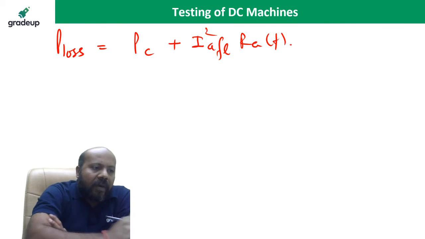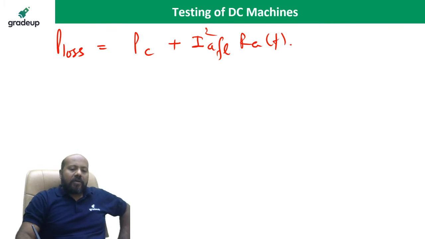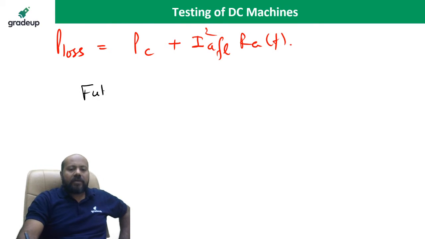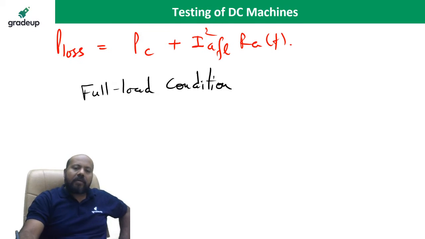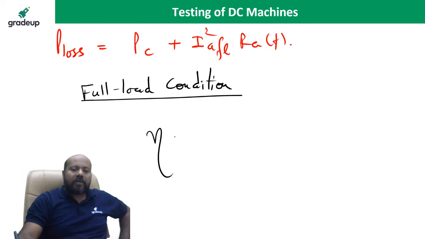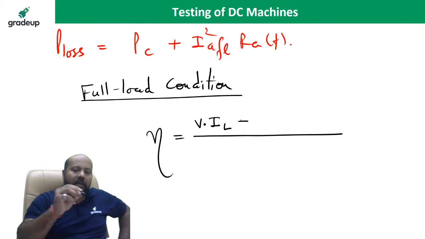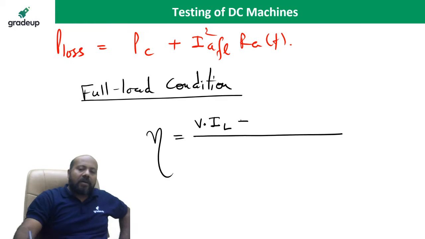Now suppose you want to find the efficiency at full load condition. How are you going to find the efficiency? What is the output? Output is going to be total input V into IL minus losses. What are the losses?